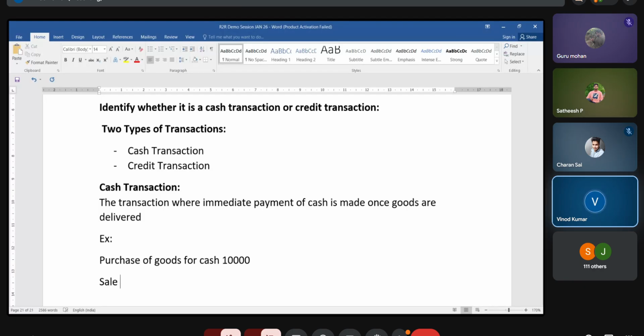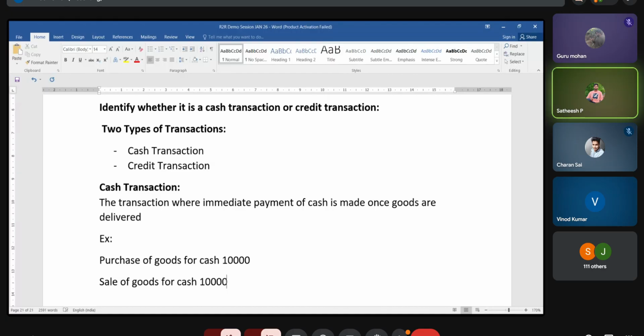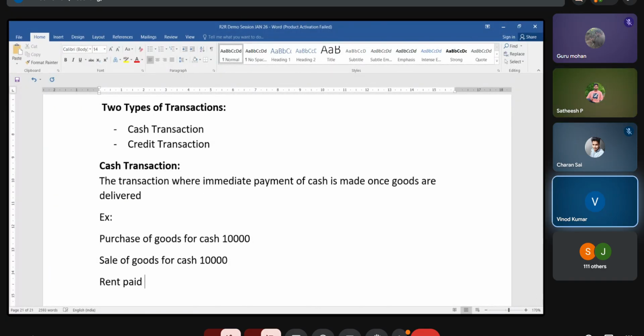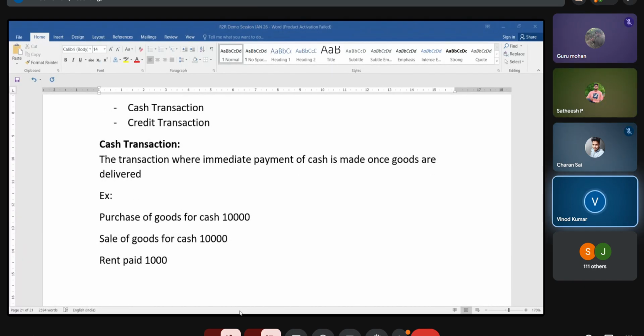sale of goods for cash, rent paid. So all are examples of cash transactions. The transactions where the immediate payment of cash is made once the goods are delivered are called cash transactions.